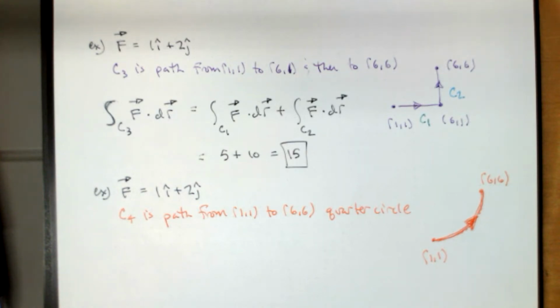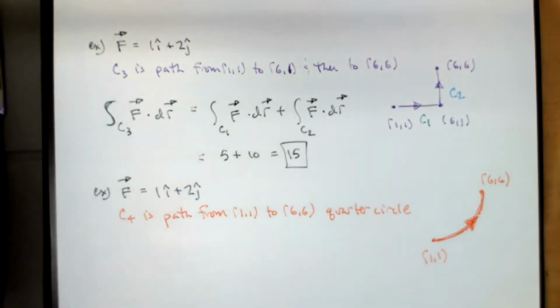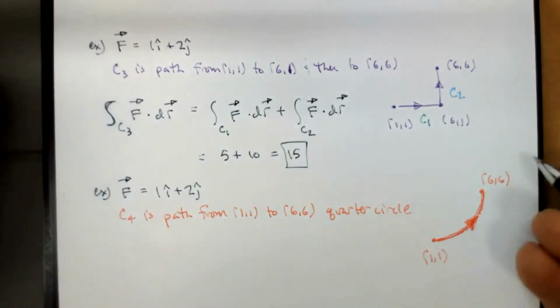One of the things that we might want to notice is that the endpoints are the same as the previous example. If this vector field F happens to be a gradient field, then we won't have to do any work because we're starting and ending at the same point as the previous calculation. So if F is a gradient field, then we get away with doing no calculations, and we just say it's 15. So that's one of the things that we might want to notice right away. We got the same endpoints.